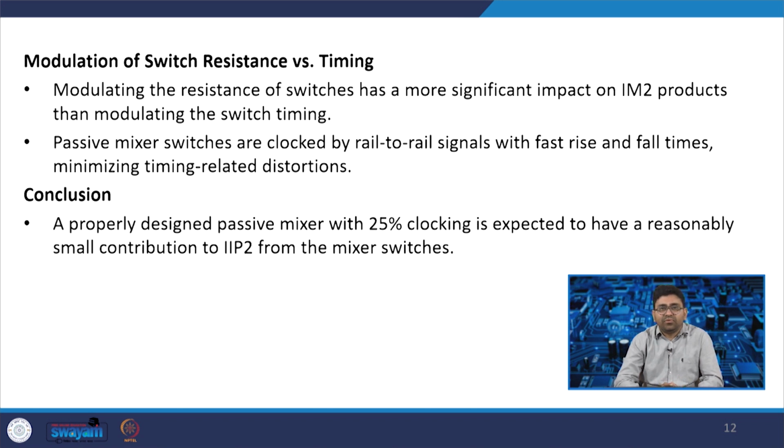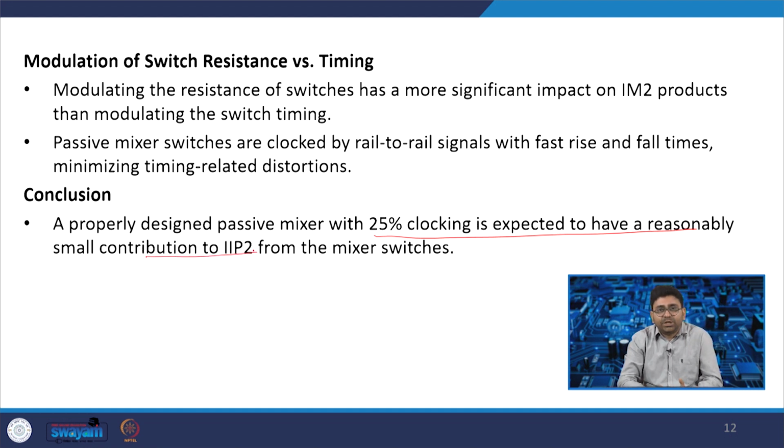So, passive mixer switches are clocked by a rail to rail signal with fast rise and fall times, minimizing the timing related distortion. So, that should be ensured, and the conclusion is that a properly designed passive mixer with 25 percent clocking is expected to have a reasonably small contribution to IP2.